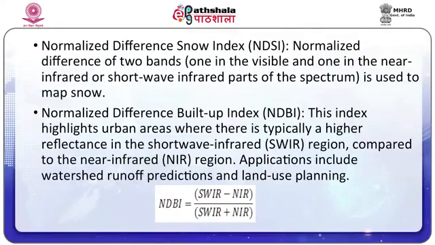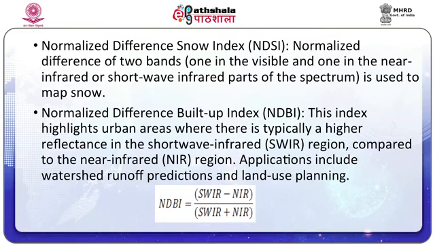A snow index for the Landsat thematic mapper and moderate resolution imaging spectrometer. Geoscience and Remote Sensing Symposium IGARSS 94, Volume 4, Surface and Atmospheric Remote Sensing. Normalized Difference Built Up Index, also called NDBI. This index highlights urban areas where there is typically a higher reflectance in the short wave infrared region compared to the near infrared region.